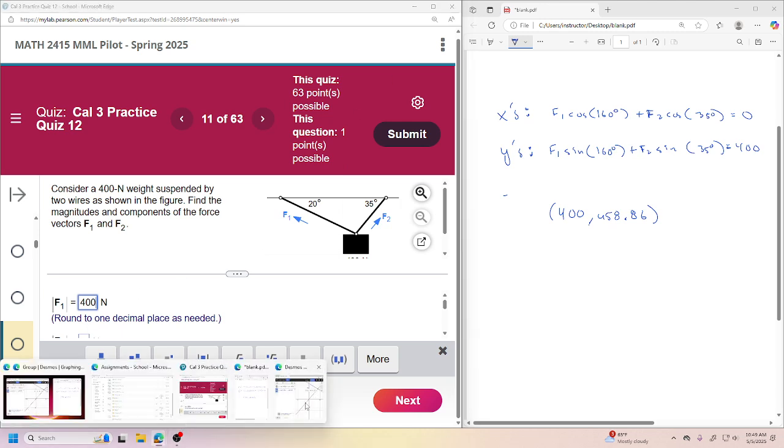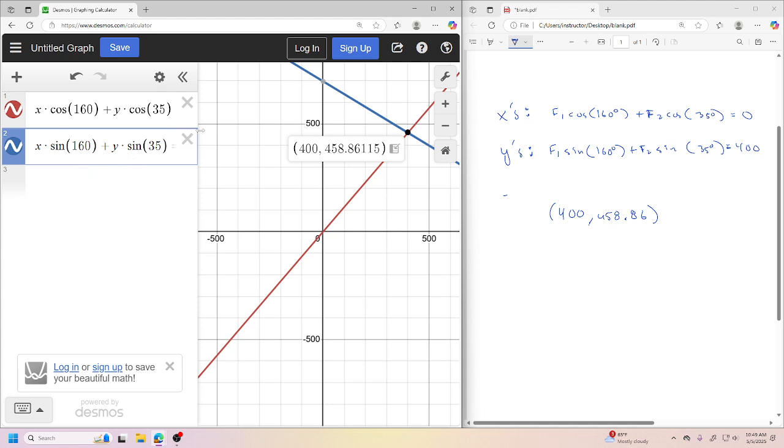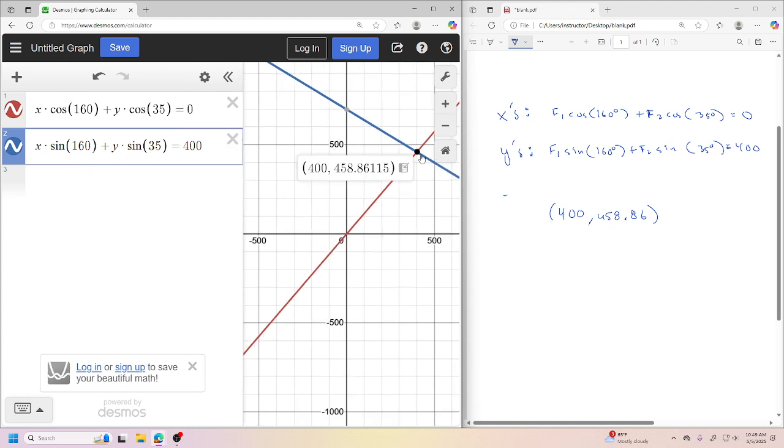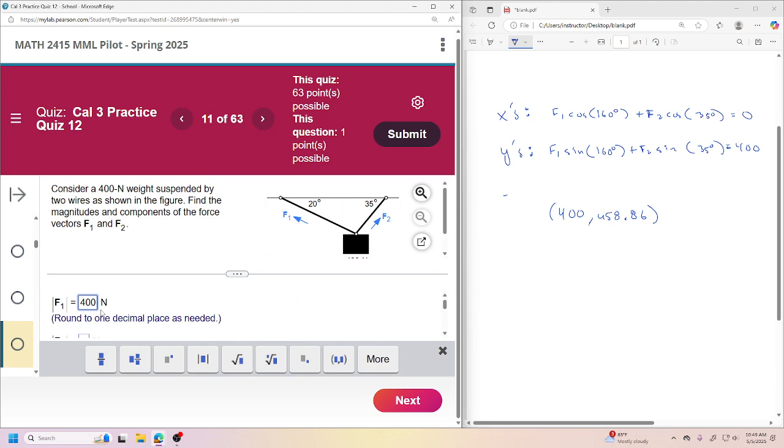Sorry, I was copying stuff down. No problem. I put them both in, and just where do they intersect. That's very nice, and it makes it much faster. Again, I'm a little leery because it's almost too easy now. But since I came up with a beautiful 400, I figured that the others are fine.